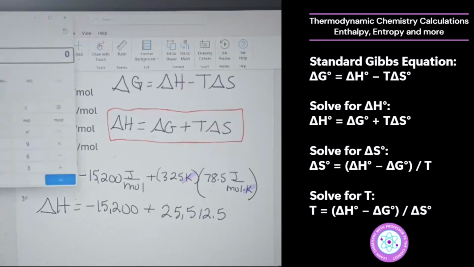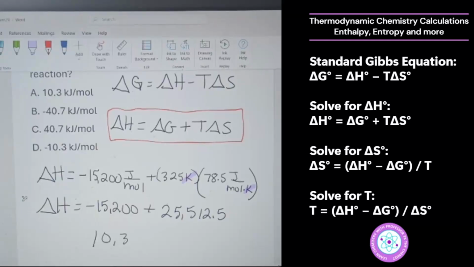So let's plug this in. We've got 15,200, but that's negative, okay? Plus 25,512.50. And we get 10,312.5 joules per mole. But now remember, we don't want that as our final answer in terms of the units. The units have to be what?